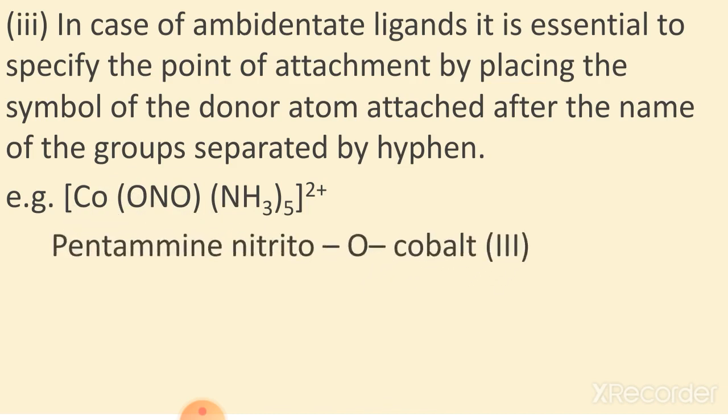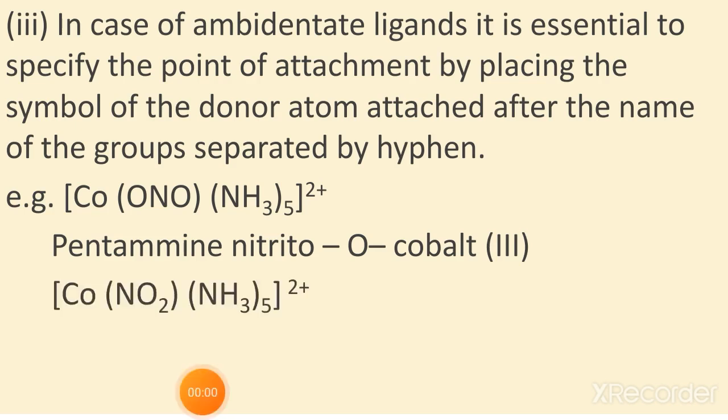The name of this compound is pentaammine, penta for 5 ammonia, ammine for NH3, then nitrito-O. This indicates that Co is attached with the O of the NO2⁻ group. So that's why nitrito-O and cobalt(III). When you calculate the charge on cobalt, you find it is +3, because NO2 contains -1 charge and ammonia contains 0 charge, so Co has +3 charge.